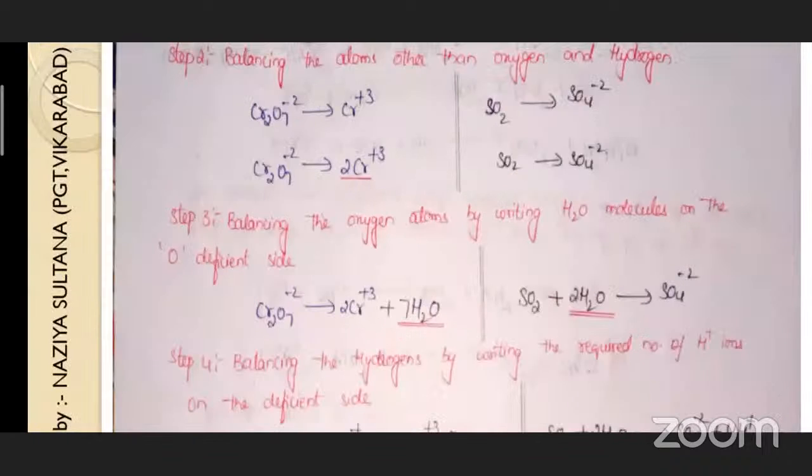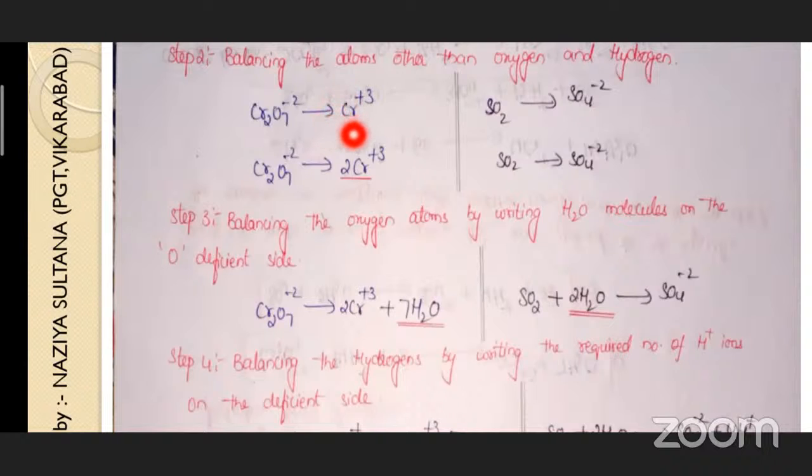So we have classified the reaction into two types, that is oxidation and reduction. Now what is the second step? Balancing the atoms other than oxygen and hydrogen. So here you see Cr2O7 is there. Here on the product side we have only one chromium, but on the reactant side we are having two chromiums. So what I have to do? I should write 2 as the coefficient.